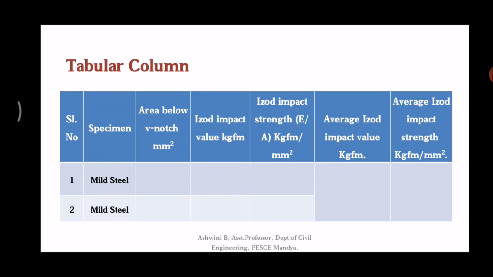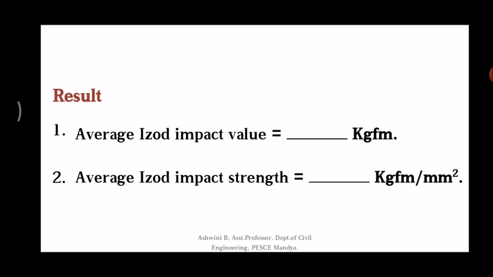We will get Izod impact strength in terms of kg force meter per millimeter square. Then take the average of the values, that is average Izod impact value in terms of kg force meter, then average Izod impact strength in terms of kg force meter per millimeter square. Then tabulate the result.